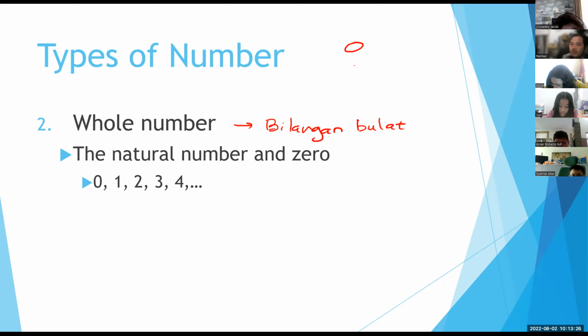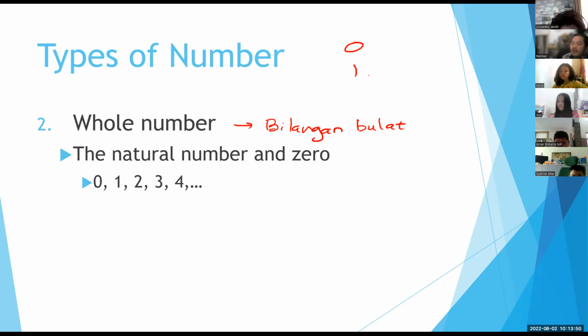But one goes into both natural number and whole number. Later on, guys, the activity for you is to determine which types of number each number goes to.